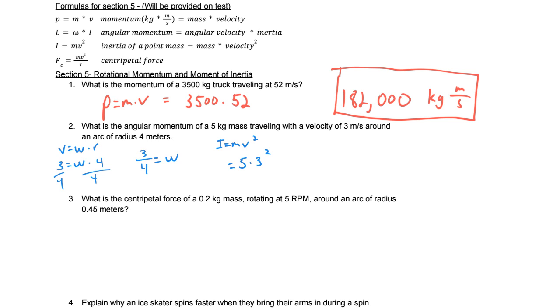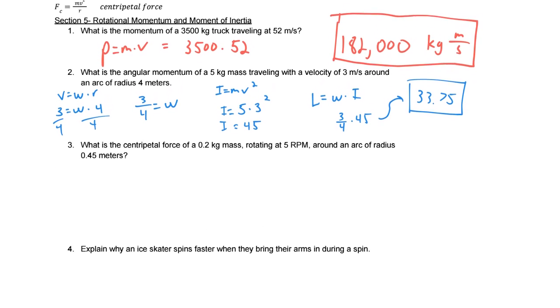So 3 squared is 9. 5 times 9 is 45 for our inertia, and now I can figure out the angular momentum by doing L equals W times I. So 3/4 times 45 is 33.75. And I'm not going to worry about the units of angular momentum. Just leave it as 33.75.